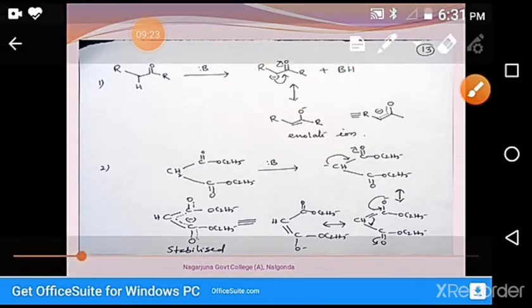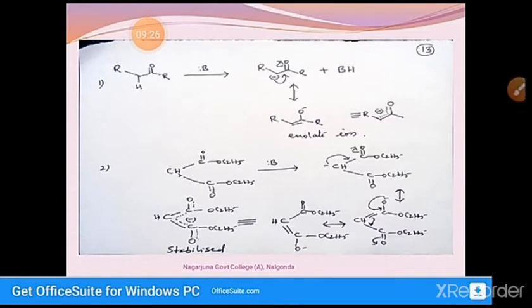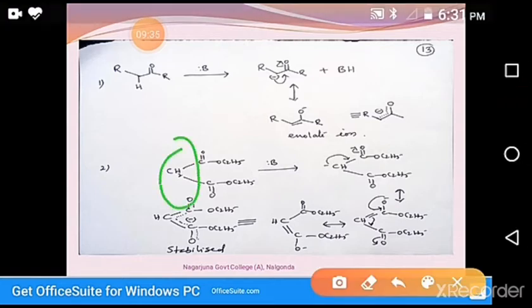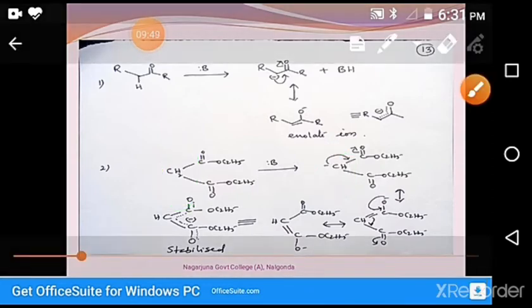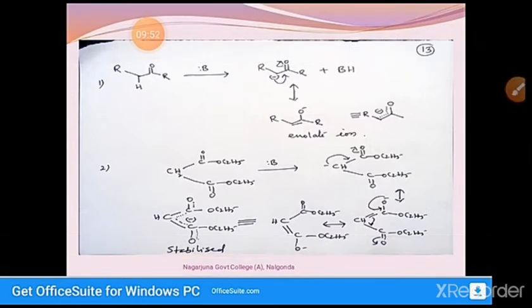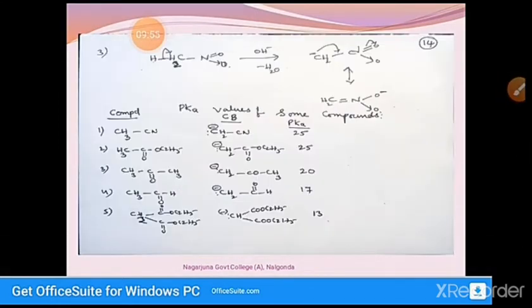In the second example, this is diethyl malonate. In this diethyl malonate also, this carbon has two hydrogens. These hydrogens are easily removed as protons in the presence of a base, forming a carbanion. So this is also acidic in nature. Coming to the next slide, the third example, nitroalkanes.